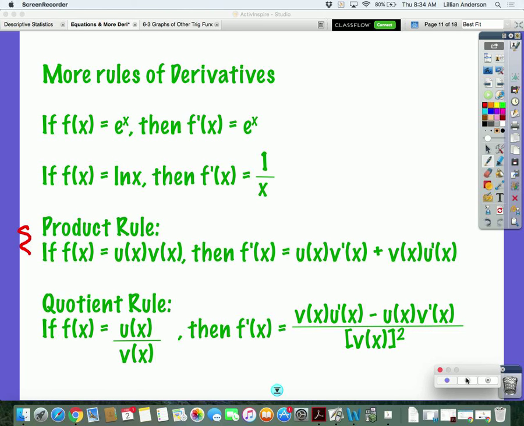Now quotient rule, it's called quotient because you are dividing two functions. Your original function is one function divided by another function. Then the derivative is the bottom function times the derivative of the top function, minus the top function times the derivative of the bottom function, all over the bottom function squared.